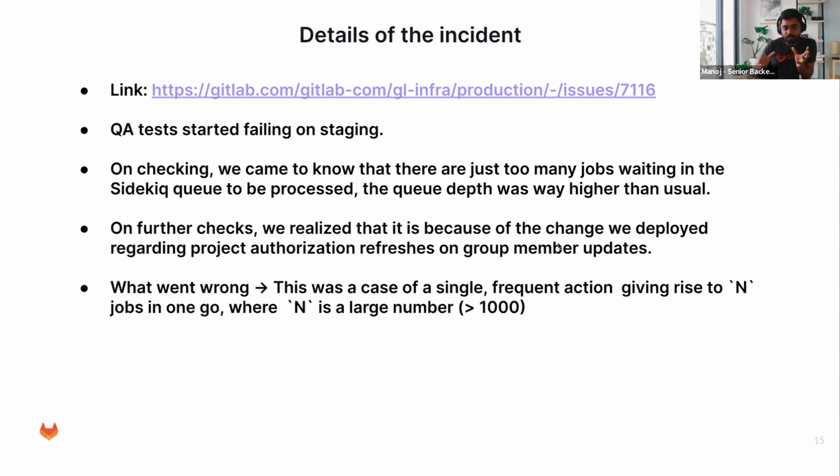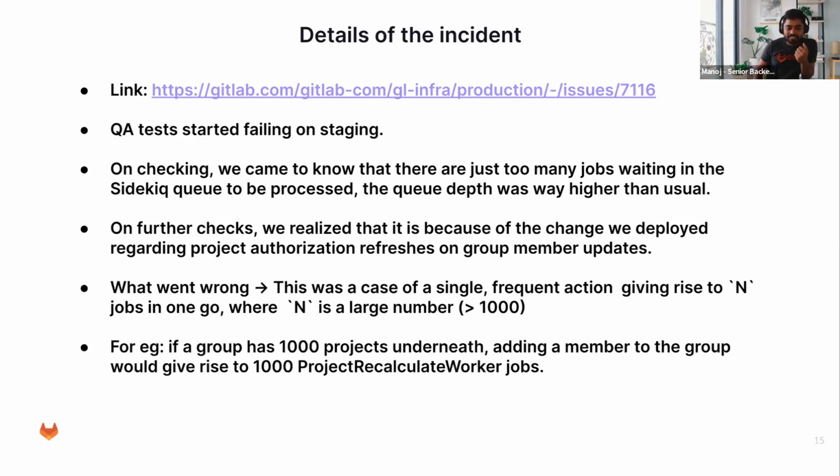In simple terms, what went wrong is this is a case of a frequent action giving rise to n jobs in one go, wherein it's a very large number. Adding a member to a group, if you consider GitLab.com, is a very frequent action. And when you add members over API, that happens very successively, and each of them is triggering 1,000 jobs or more. Every job is in the queue, and then the queue gets clogged.